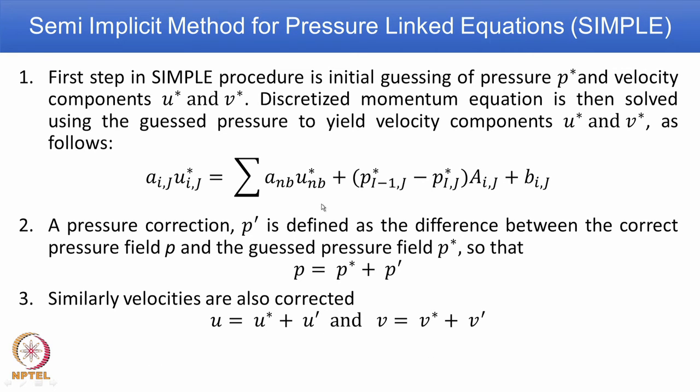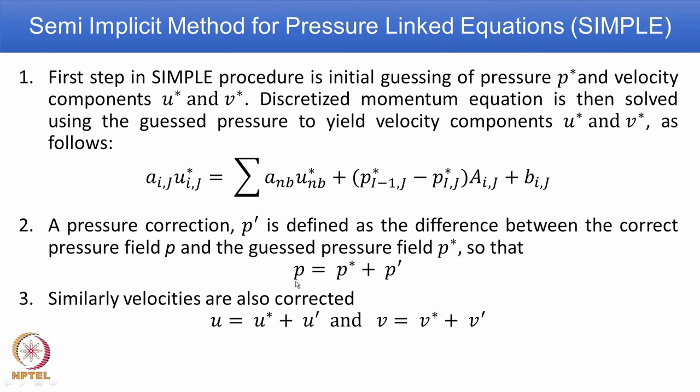Now, we can set up an equation for the pressure correction P prime, and this P prime, the pressure correction, is defined as shown here. Actual pressure is P, guess pressure is P star, correction pressure is P prime. So, if you add the correction pressure to the guess pressure, that will result in the correct pressure field.